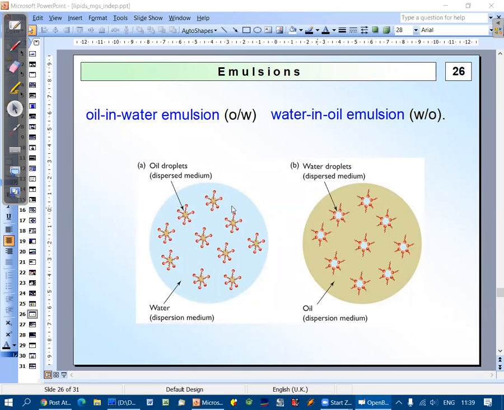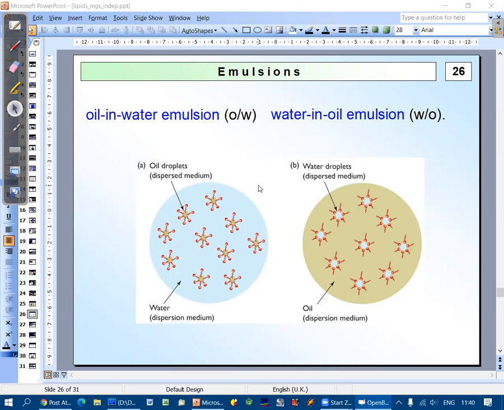The type of emulsion that will form does not depend on the amount of both liquids. Only the nature of this stabilizing reagent or emulsifier will determine the type of future emulsion.